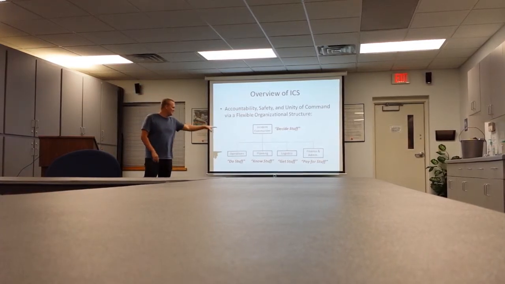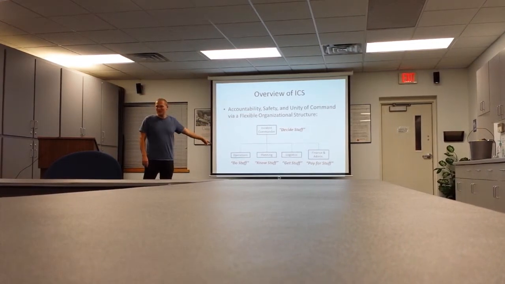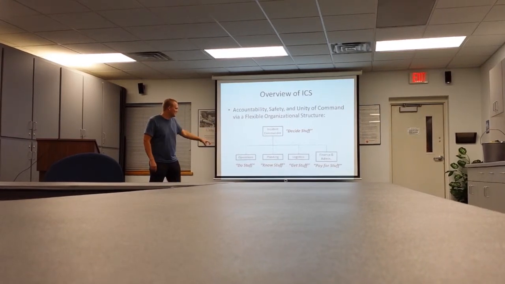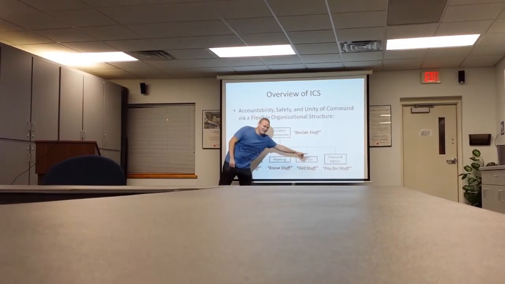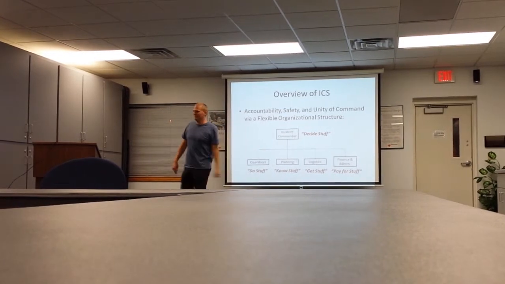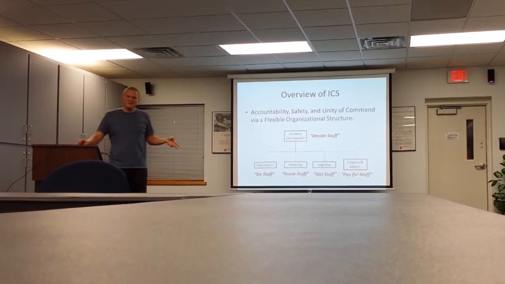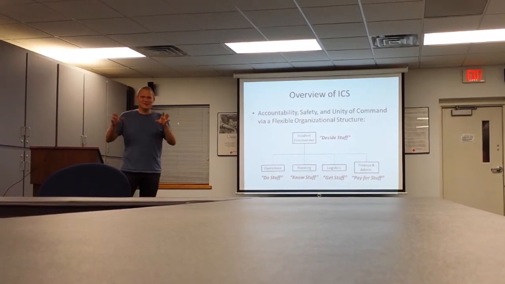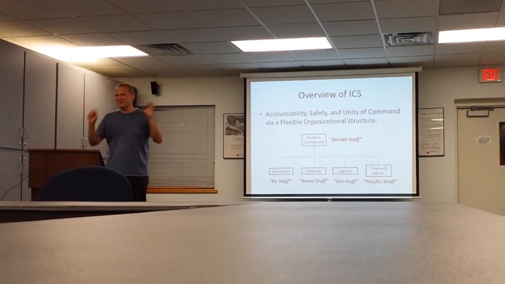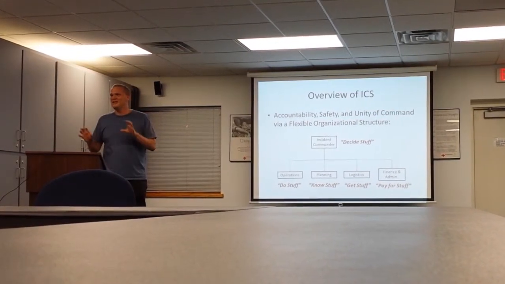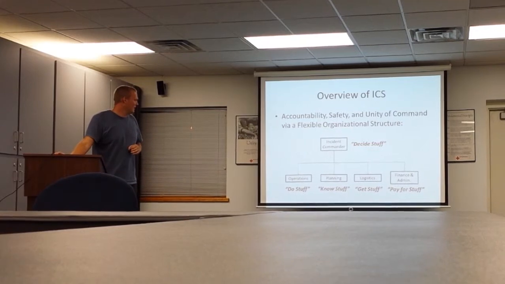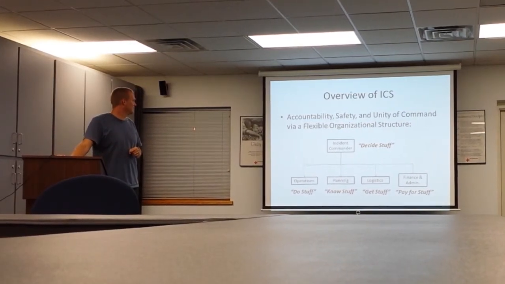So finance and admin is just as important as operations. We need to do all of these things. We don't necessarily have to have a person in all these things, but we need to do all of these things. So that's what I mean when I say the org chart isn't necessarily about plunking a person into a position. It's about what do we need to do as a group to manage an incident.